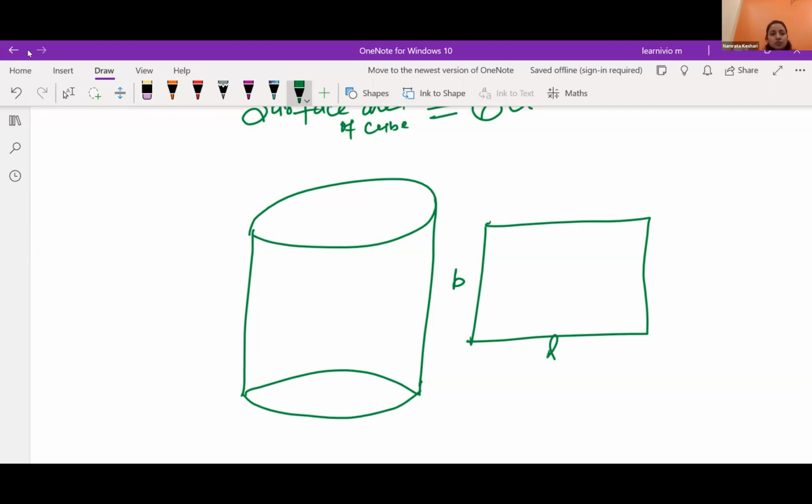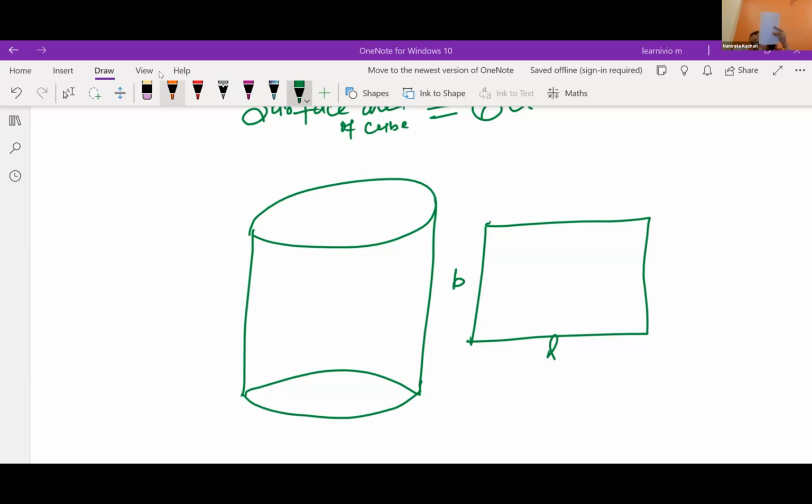Shall I show it to you? Just a second. A4 sheet paper. See, length is there, breadth is there.